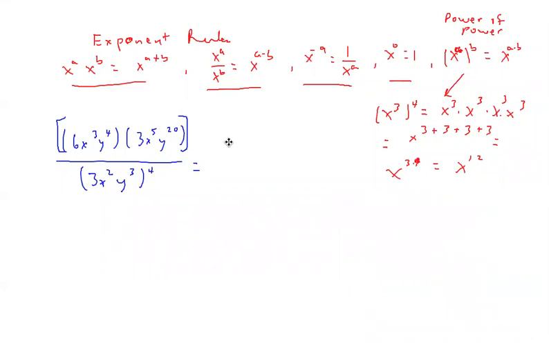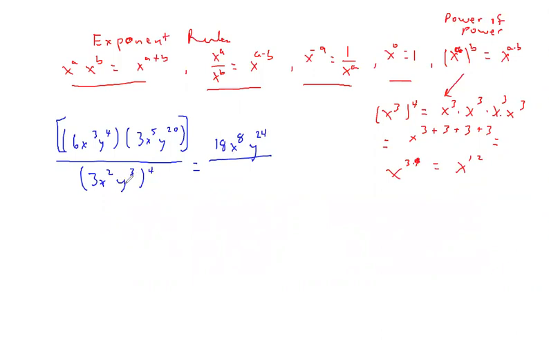Okay, so you should have got right here 18, 6 times 3. X to the third times x to the fifth is x to the eighth. And y to the fourth times y to the 20th is y to the 24th. Doing the denominator, 3 to the fourth is 3 times 3 times 3 times 3.